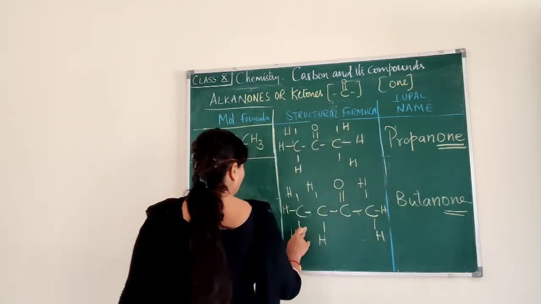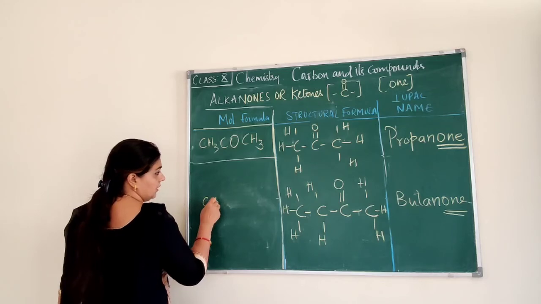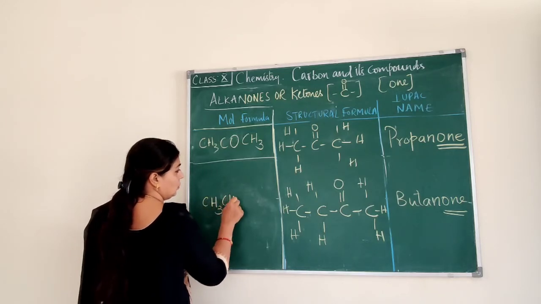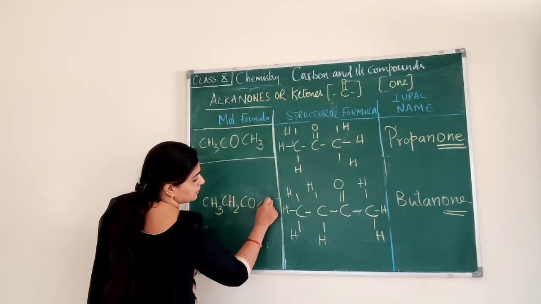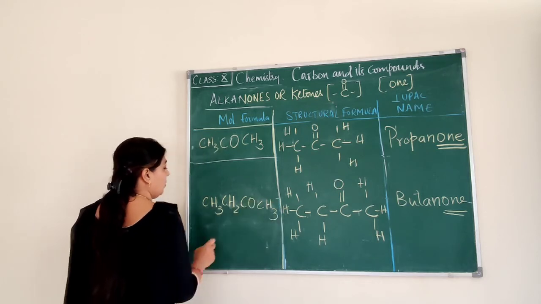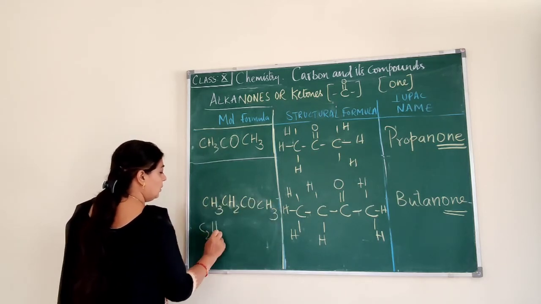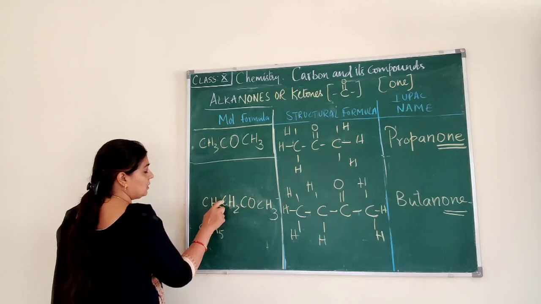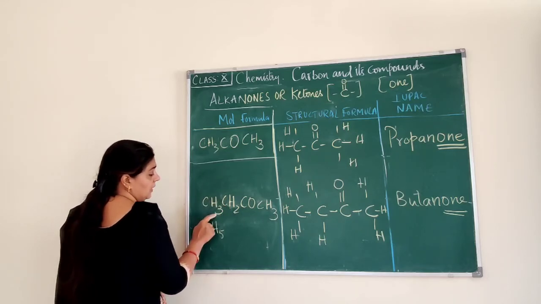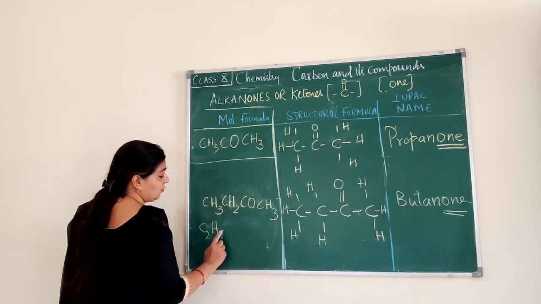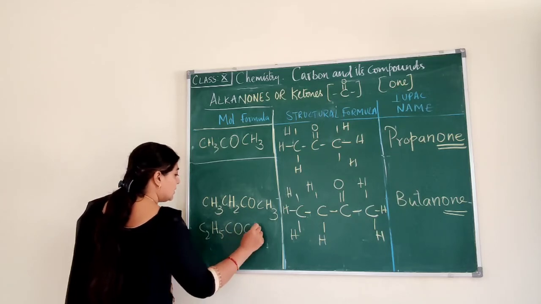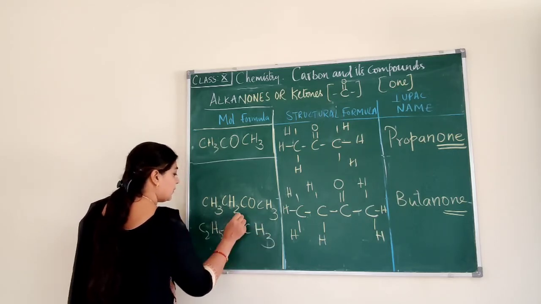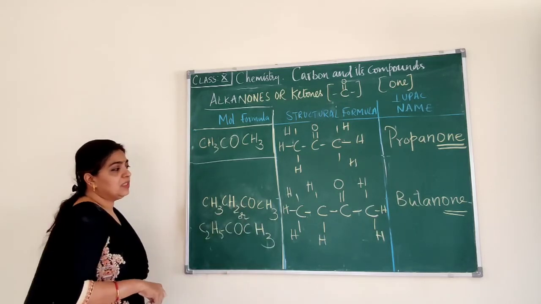What will be the molecular formula? CH3, CH2, CO, CH3. Or you can write C2H5, since these two C and H become C2H5, and CO, CH3. So this is butanone.